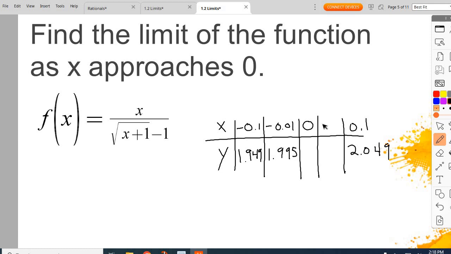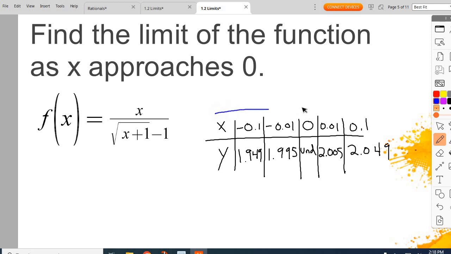And if I were to make this one 0.01, this is 2.005. So now, by adding in those other two numbers, you do indeed get an error, or it's undefined at 0. Okay.